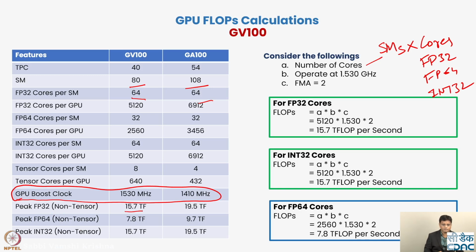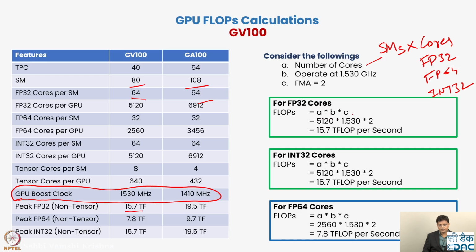While applying these numbers in my formula, I should get the same number. First parameter is the number of cores, multiplied by the frequency, and the third parameter is FMA. Let us do the calculation for FP32.